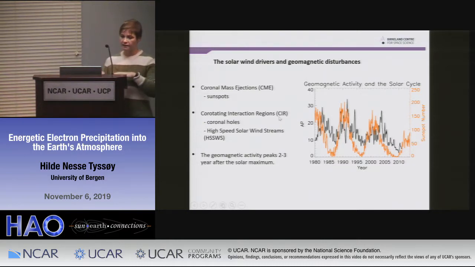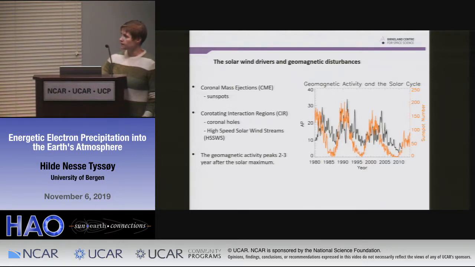And in the declining phase and in the minimum phase of the solar cycle, these coronal holes can penetrate down to equatorial latitudes on the Sun, so their associated high-speed solar wind streams point towards Earth. So we will have more of them in the declining and minimum phase of the solar cycle.